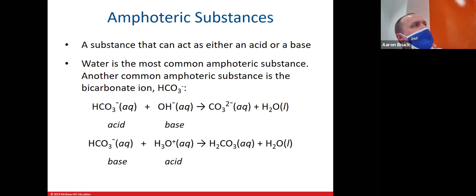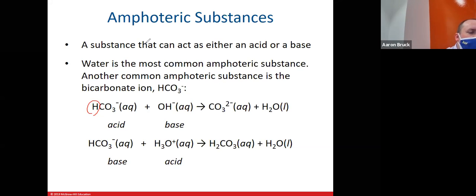One of them is the bicarbonate ion, HCO3 with a -1 charge. We can see that in this situation, put it with a strong enough base like the hydroxide ion, and we can get that H+ on the bicarbonate to wander over to the hydroxide and make water and carbonate ion.